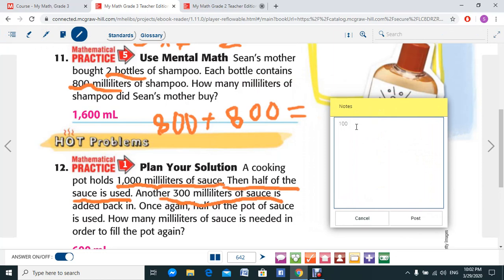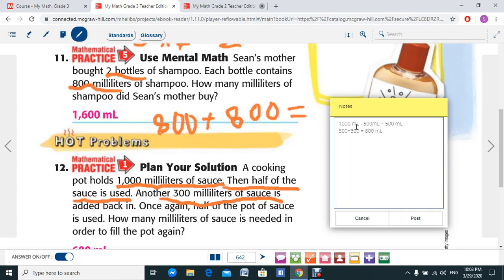First, we have 1000 milliliters. Okay, we subtracted half of them, which is 500 milliliters. So now we have only 500 milliliters. Now after this, we have 500. We added another 300, which equals 800 milliliters.